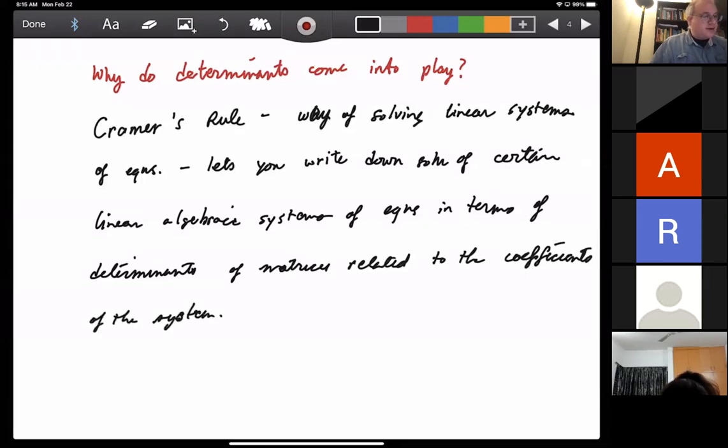Okay, so Cramer's rule comes into play because it really gives you a formula for solving certain linear systems.